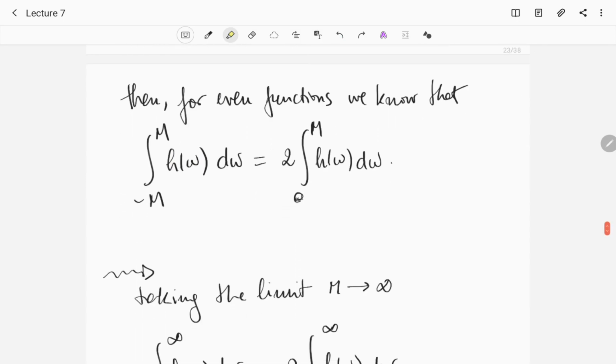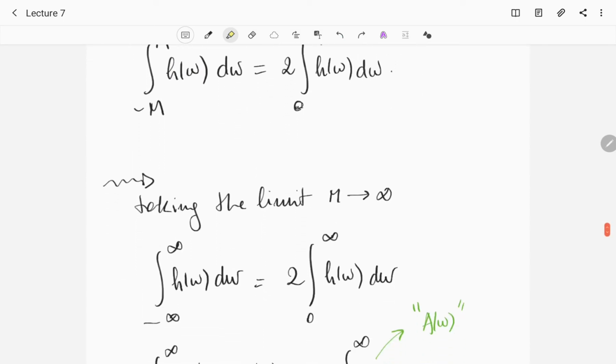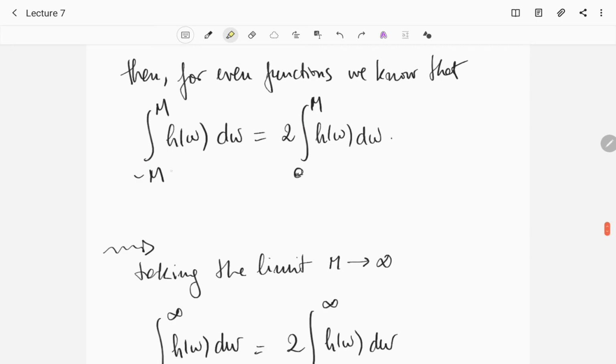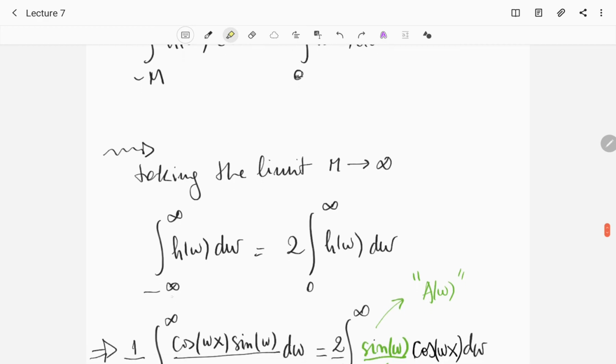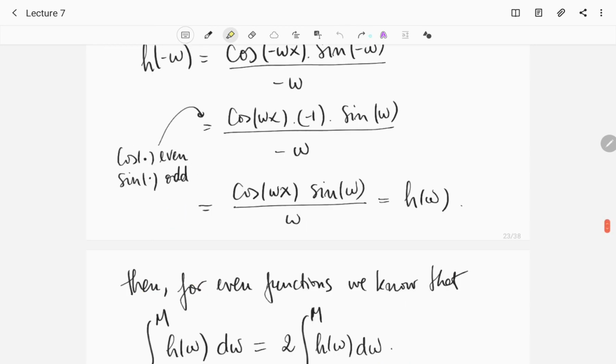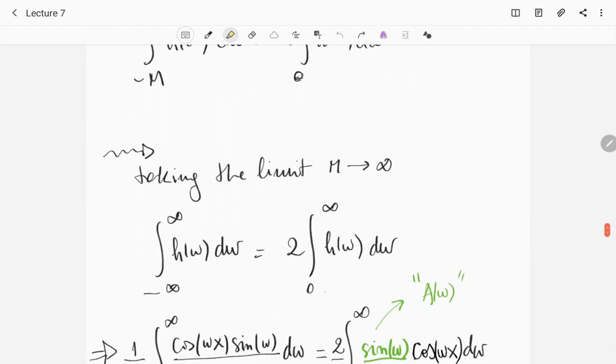Okay, so using this property, and also taking the limit of m going to infinity, what we get is that the integral from minus infinity to infinity of this h is exactly 2 times the integral from 0 to infinity of h of omega.